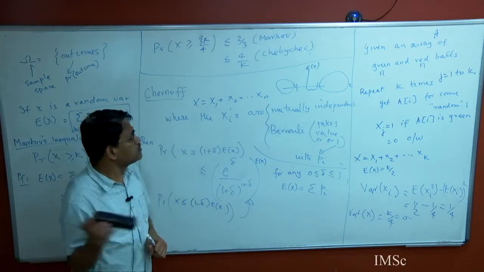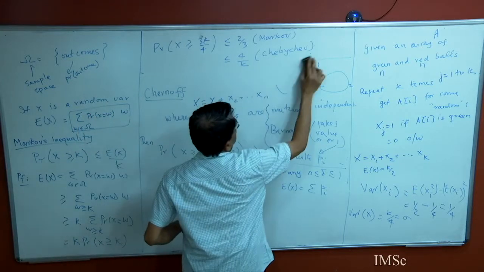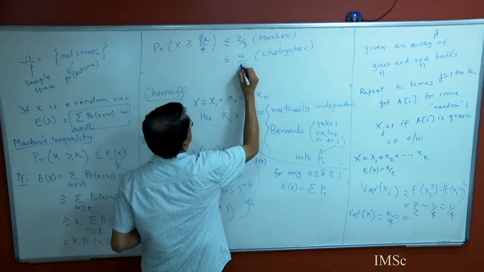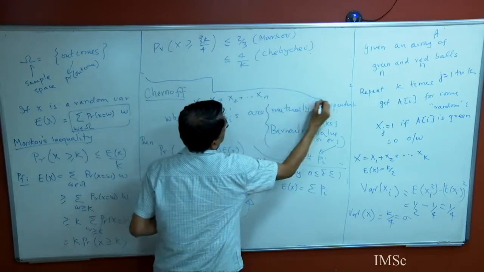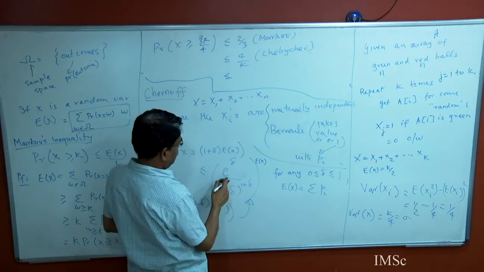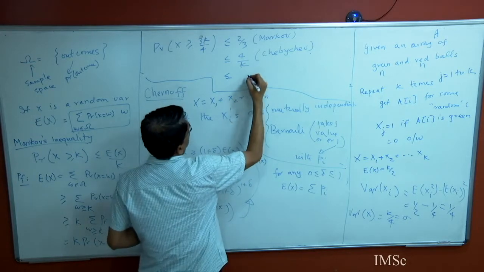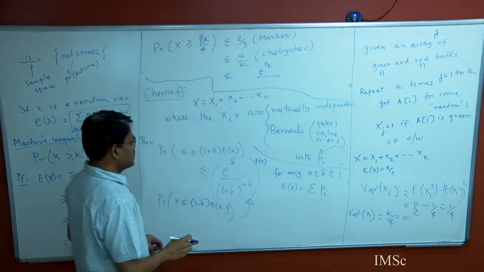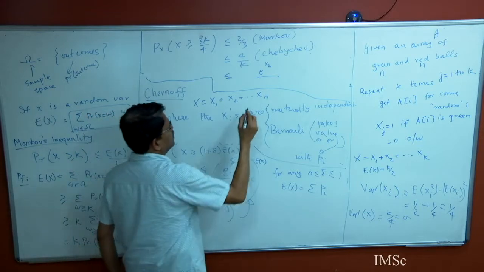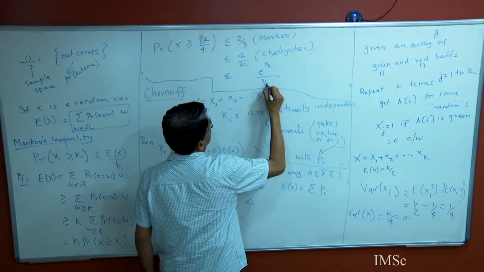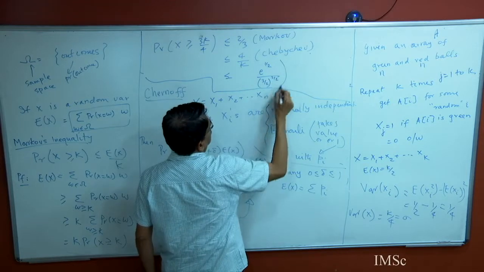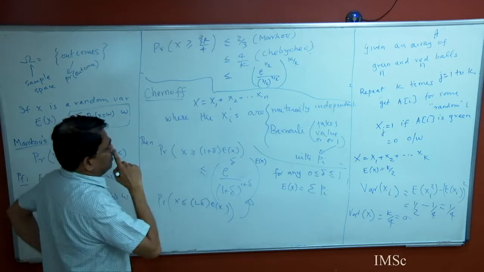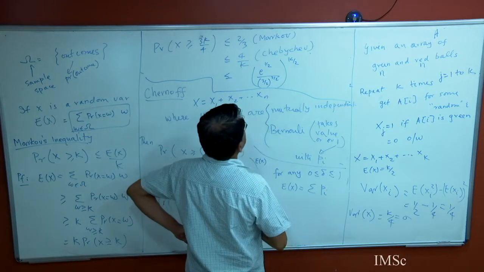Let's see. So delta is half, right? So e power half, and 1 plus delta is 3 by 2, so 3 by 2 power 3 by 2. The whole thing power k by 2, because that's the expectation. Okay, so how does it look?